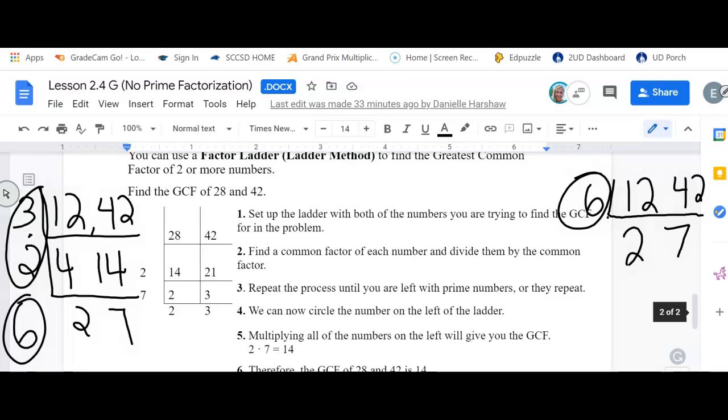If you find it in one step, you have the answer pretty quick. I still suggest that you use the ladder method. But if you're not so good with your facts, you can use smaller numbers to divide them out. It takes a little longer, but you are getting to that answer. Just a couple more steps.